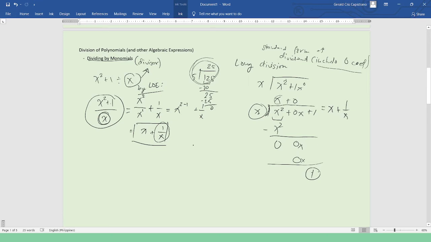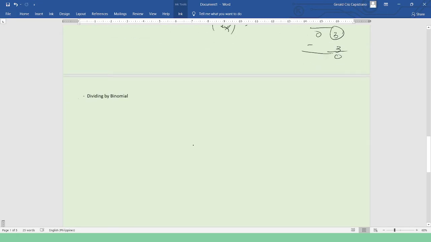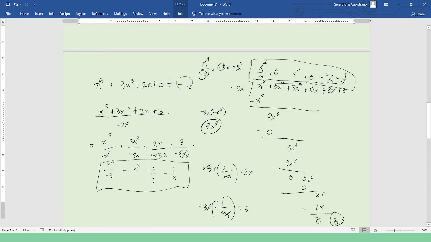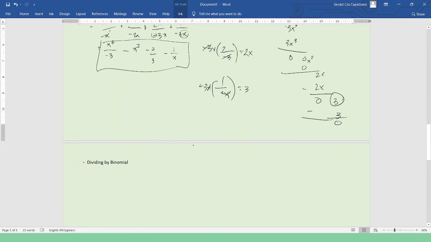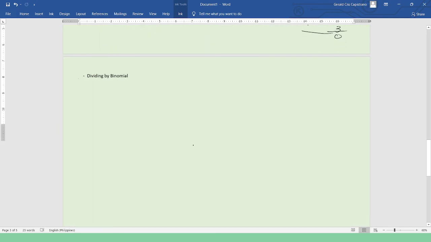Okay? So, ang mas mahirap na division or na gamitan ng loss of exponents natin ay by binomial na. Kasi basically, when we talk about division by binomial or our divisor is binomial, we cannot simply use our loss of exponent in that case. Okay?